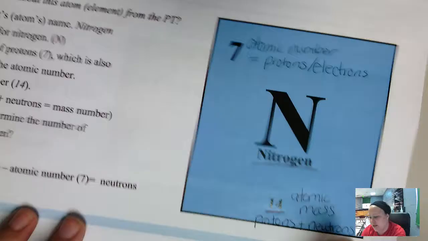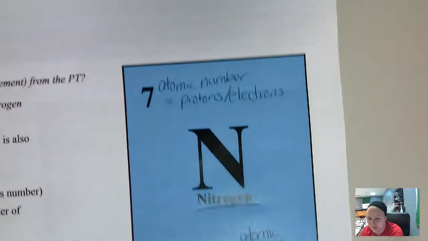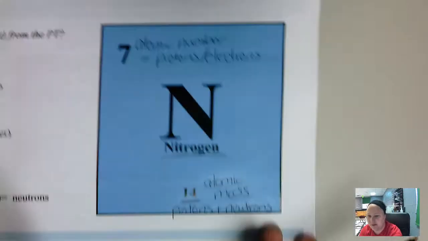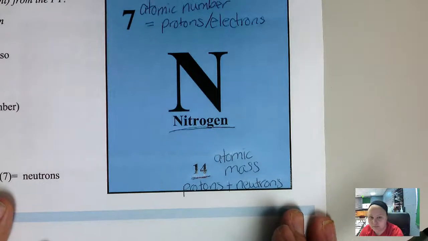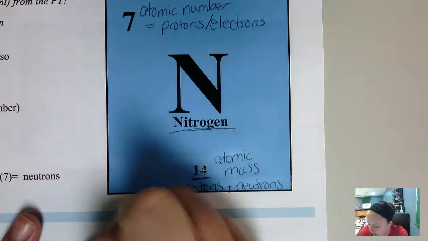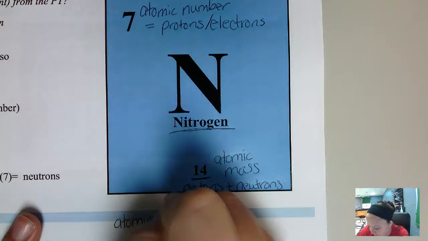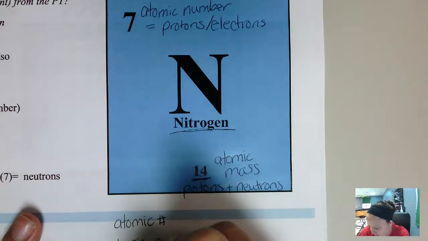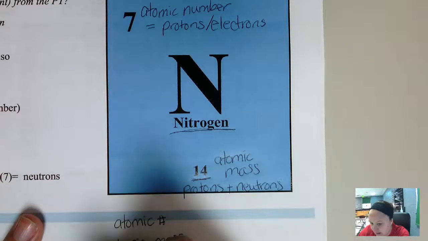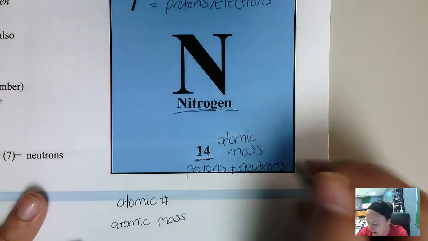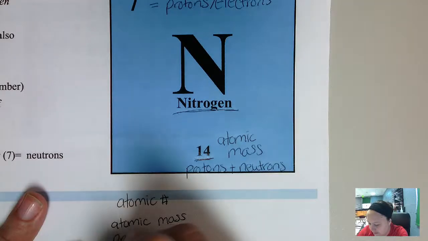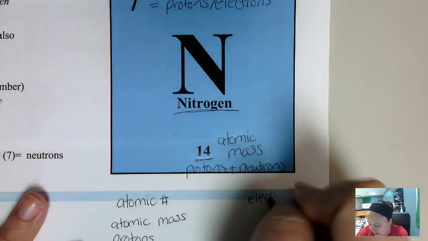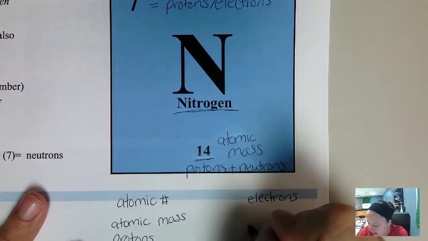If we look at this element, we are going to do it together. We are going to locate the atomic number, atomic mass, the number of protons, electrons, and neutrons.